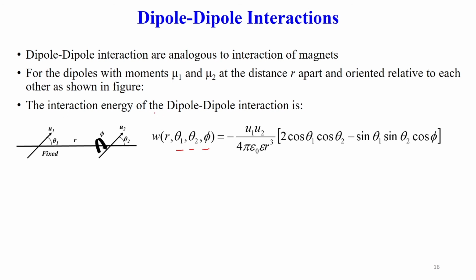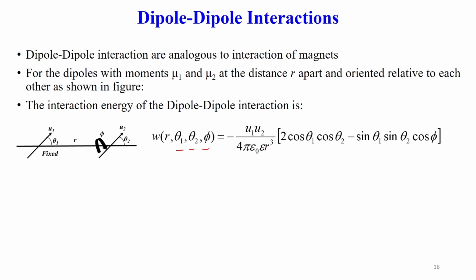The interaction energy of the dipole moments will be a function of r as well as both the angles and this new angle psi. So, we can write u1 u2 upon 4 pi epsilon naught epsilon r cube.